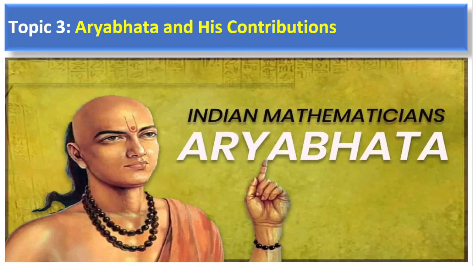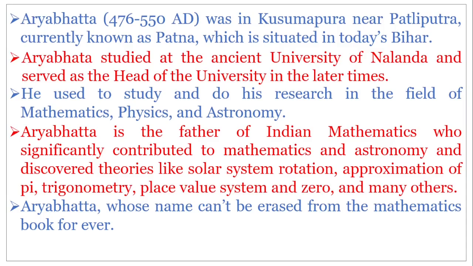Now let us come to relatively more recent times, after the Anno Domini, that is AD. The first prominent figure that we stumble upon is Aryabhatta. We have already mentioned Aryabhatta. Aryabhatta was a mathematician and astronomer.